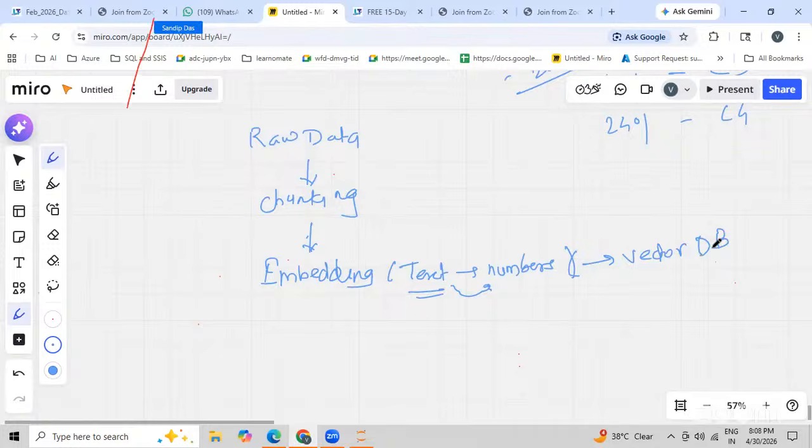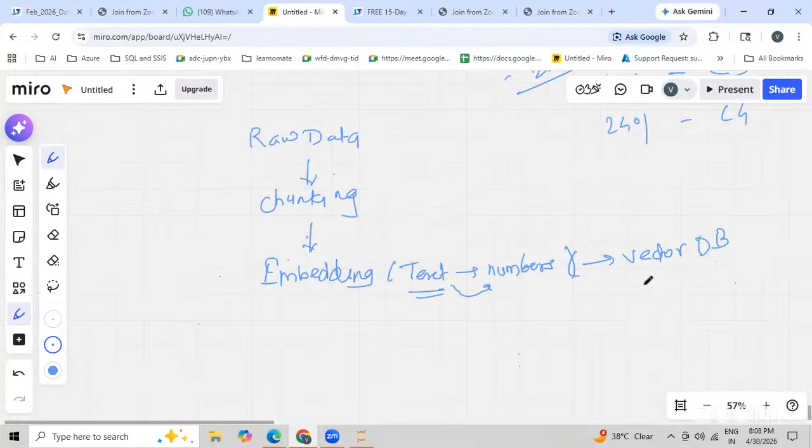I told you earlier, what is a vector DB? That is Chroma. You cannot store this embedding in a normal SQL database. You require a different database like Chroma, or you can say Pinecone.